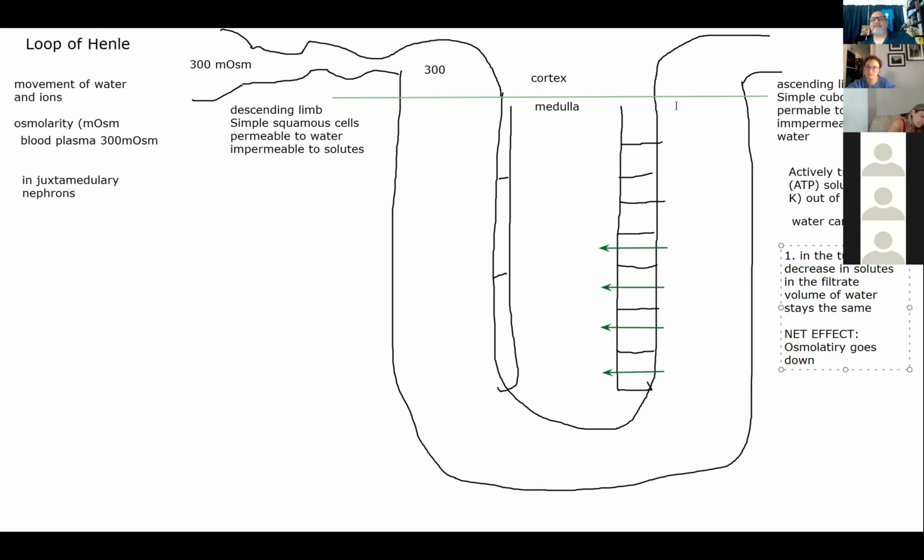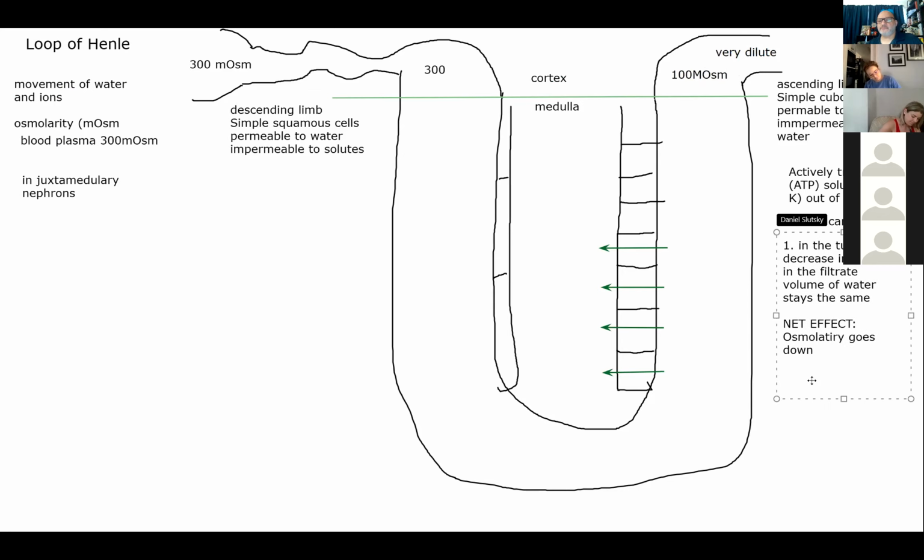And in fact, by the time our filtrate reaches the end of the loop of Henle and enters into the distal convoluted tubule, the osmolarity of our filtrate is 1/3 of what it was before. So at this point, it is very dilute. Excellent. But that's what's going on in the tubule.